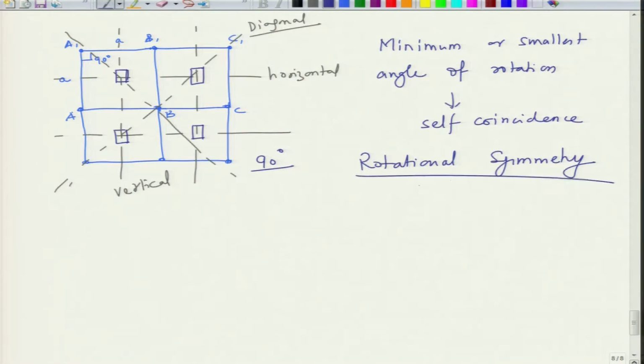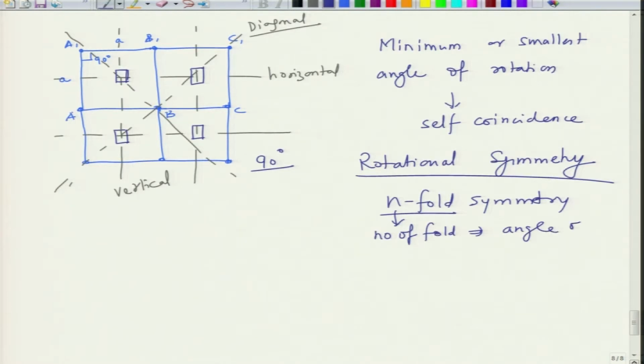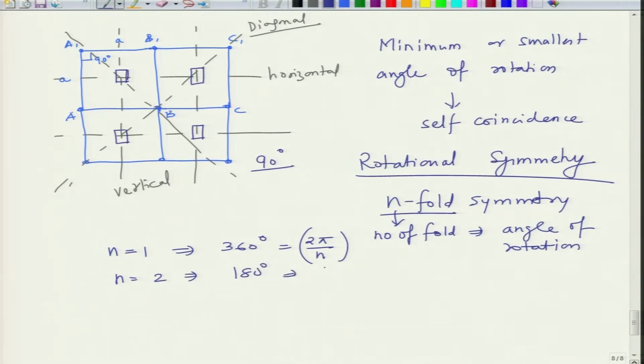So in this case we define what we call n-fold symmetry, and this n defines the angle of rotation. n equal to 1 will mean 360 degree rotation, basically a rotation by 2 pi divided by n. n equal to 2 will mean 180 degrees, which is 2 pi divided by 2. n equal to 3 will mean 2 pi divided by 3, that is 120 degrees rotation. And n equal to 4 will mean 90 degrees.